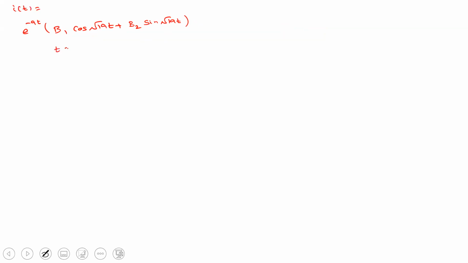Okay, so substitute t equal to 0, so I of 0: the exponential term is 1, cos 0 is 1, and sine 0 is 0. So what is the B1 value? B1 equal to 1, agree? B1 is 1, right?